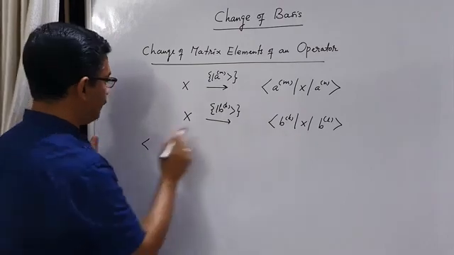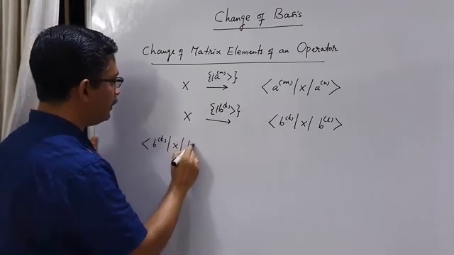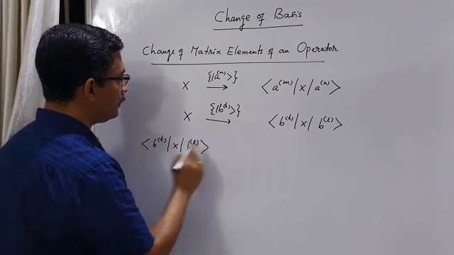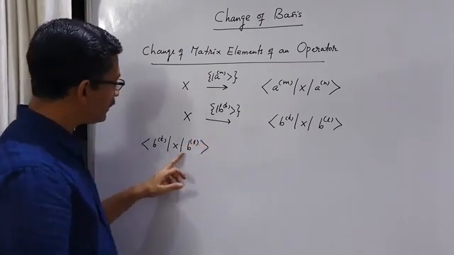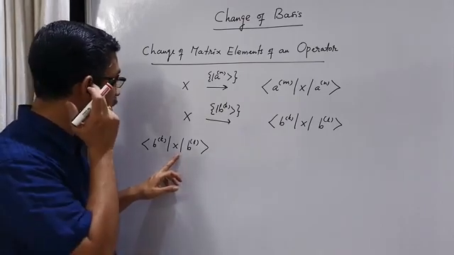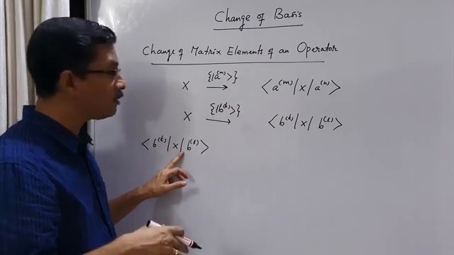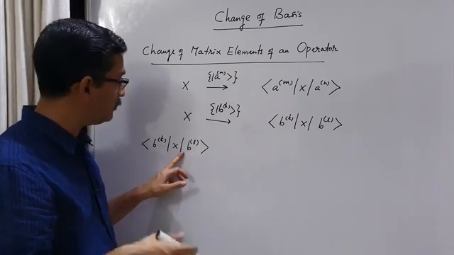We can show this like this. Let's start with <B_K|X|B_L>. Now on either side of X, let me introduce identity, and then I will substitute for this identity the completeness condition of the base vectors.